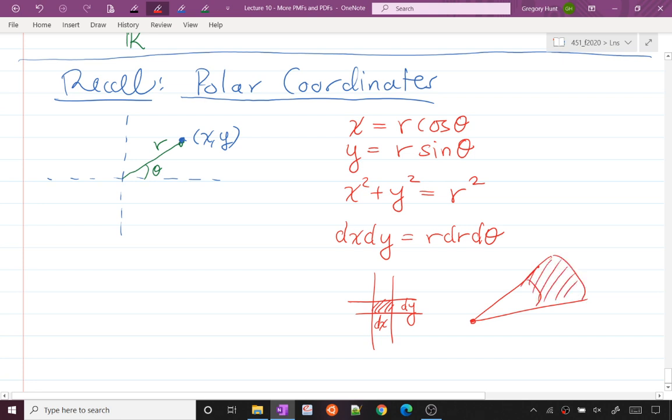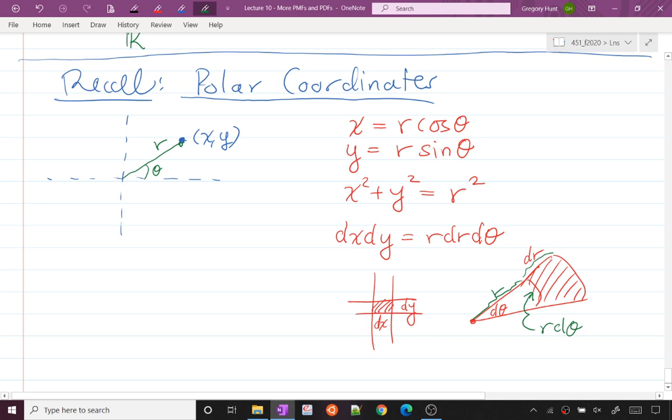So we're going to integrate across this pie slice. This pie slice has width dr in this direction and an angle d theta, so this side of it, by the rule for arc length, should be approximately r d theta.